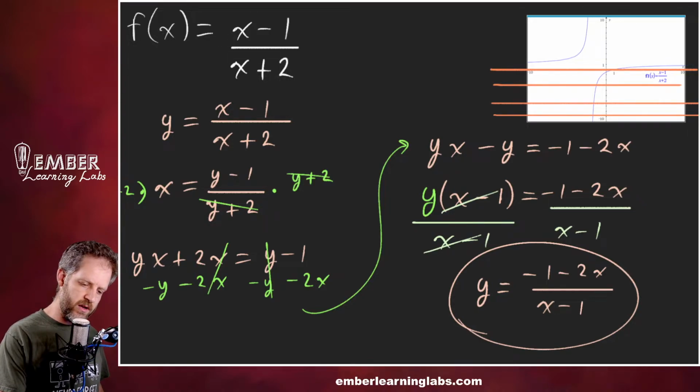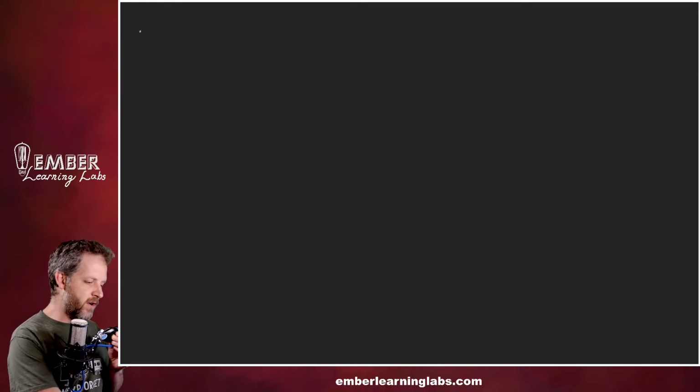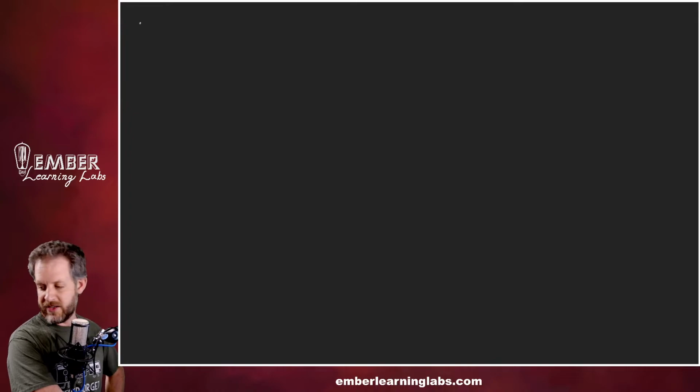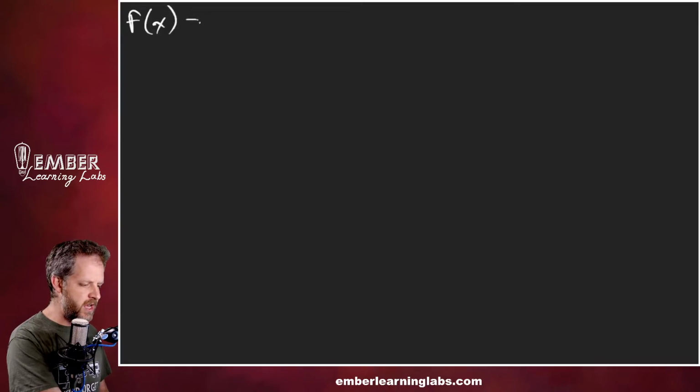Sounds good. Let's kill those off and look at, we're going to find the inverse. Well, first of all, we're going to find out if it has a function inverse. I'll do the example in white. f of x equals the square root of x minus 4.